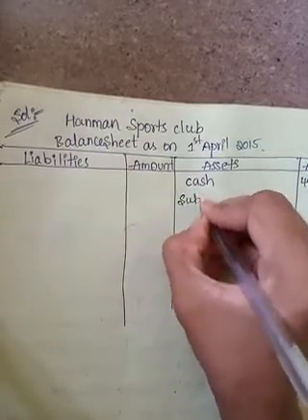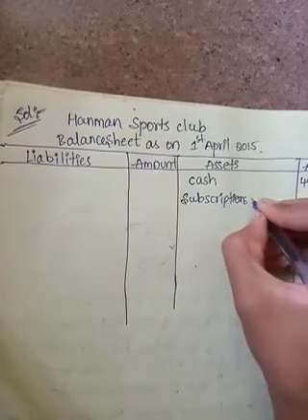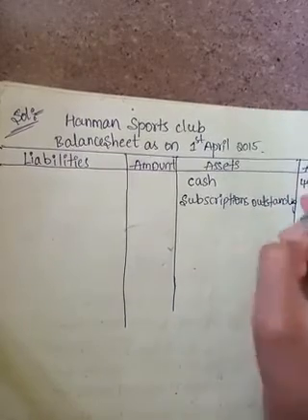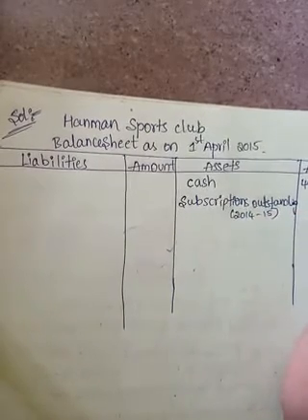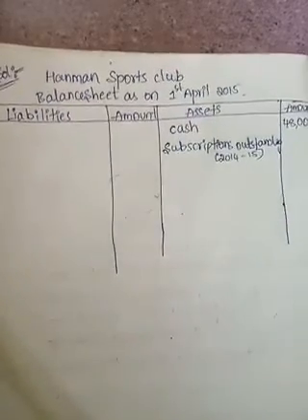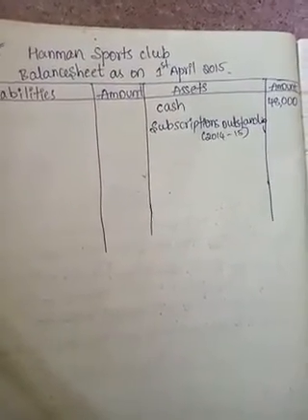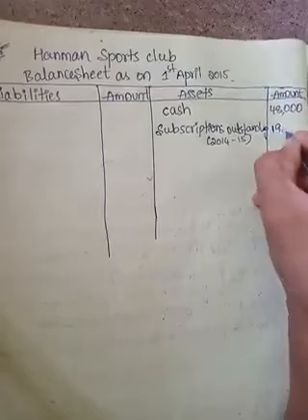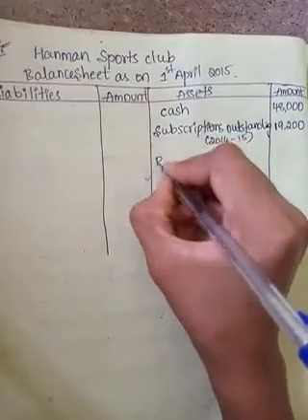Outstanding is for the previous year, 2014 to 15. The subscription outstanding is 19,200. Next is rent outstanding.